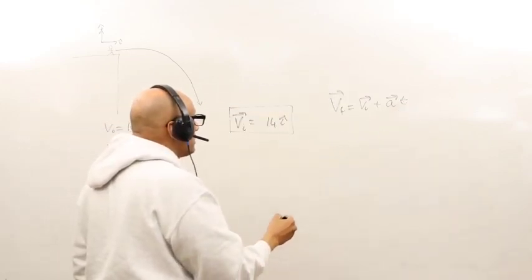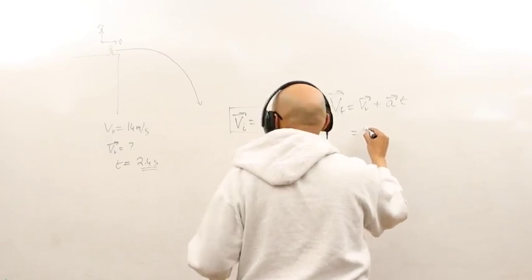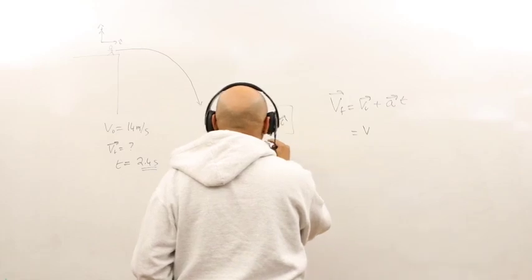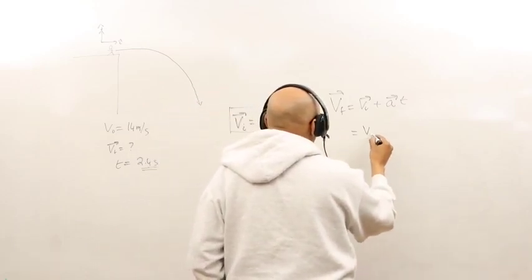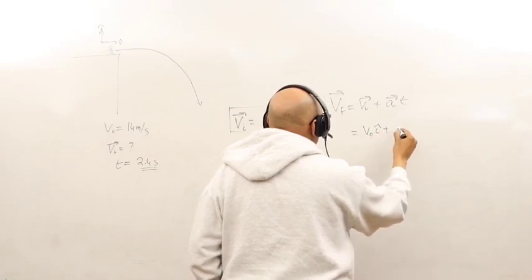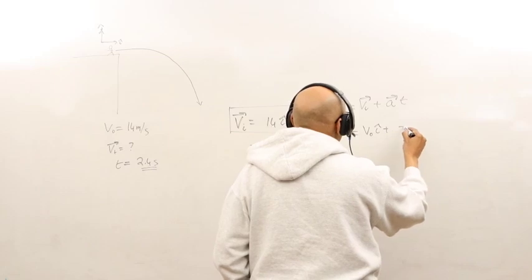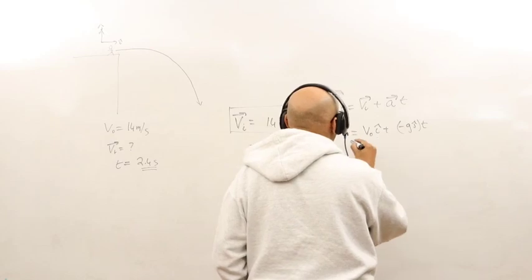So V initial, let's call it V0 temporarily, so this is really V0 I hat, plus acceleration is down, so it's minus g j hat times time.